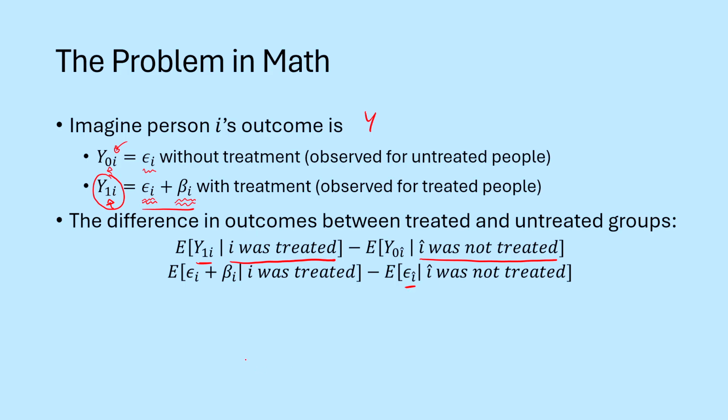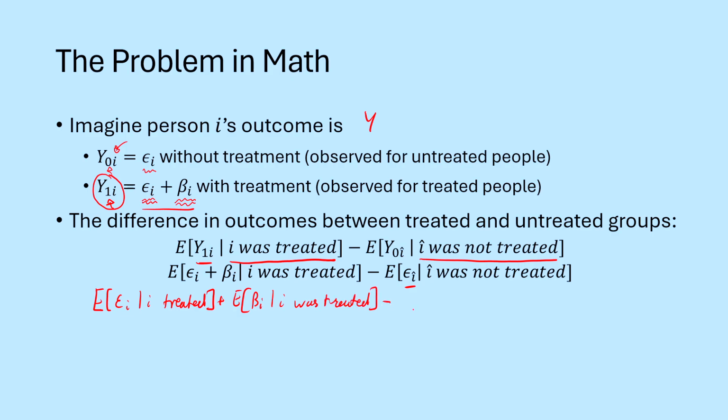Now, one other rule that you may know if you're familiar with conditional expectations is that we can always break up the conditional expectation around an addition sign. So I can take this first term and say this is actually the expectation of epsilon i, given that i was treated, plus the expectation of beta i, given that i was treated.